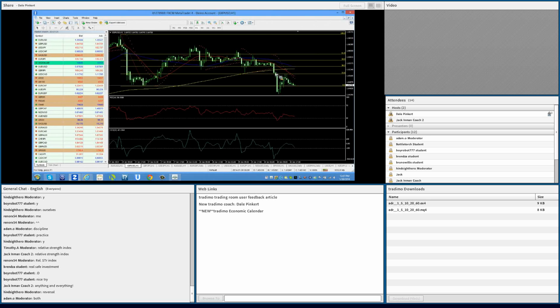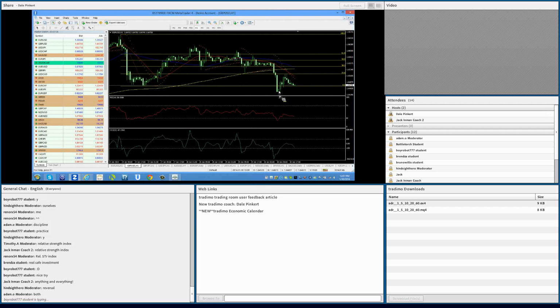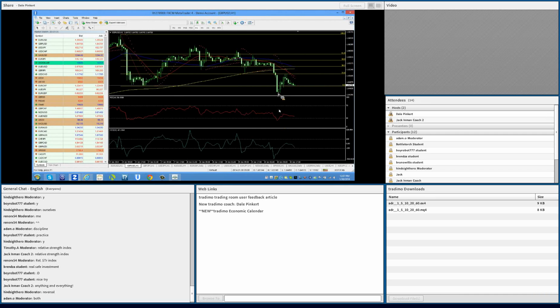We broke down after the Fed meeting, right? See the break in the pound? Here you have what I call a confirmed low. The market went down and the momentum indicator made a new low along with price. Price and the RSI made a new low. Everyone see that?